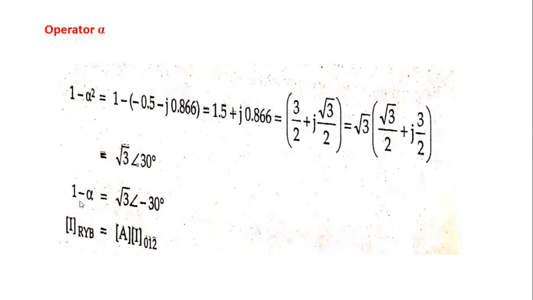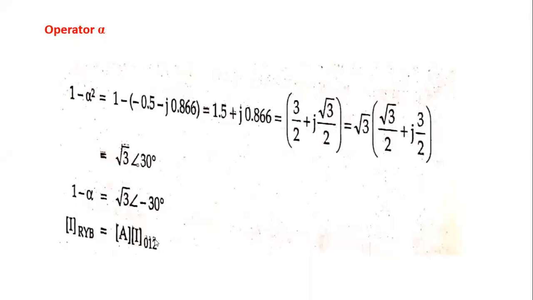These are the various ways of representing 1 minus alpha square. Similarly, 1 minus alpha is root 3 at an angle of minus 30 degrees. So 1 minus alpha square is root 3 at an angle of 30 degrees, and 1 minus alpha is root 3 at an angle of minus 30 degrees.